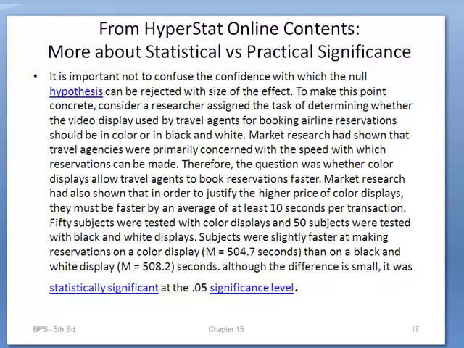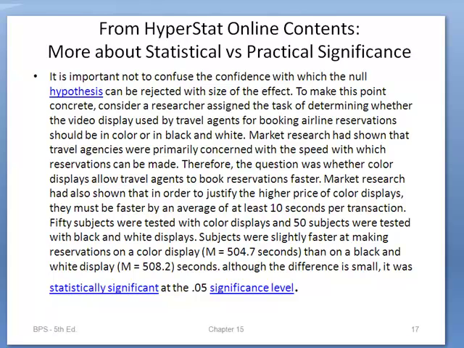It's important not to confuse the confidence with which the null hypothesis can be rejected with the size of the effect. So here, to make this point, I got this particular example off the internet, and it was a good one. Consider a researcher assigned the task of determining whether the video display used by travel agents for booking airline reservations should be in color or black and white.